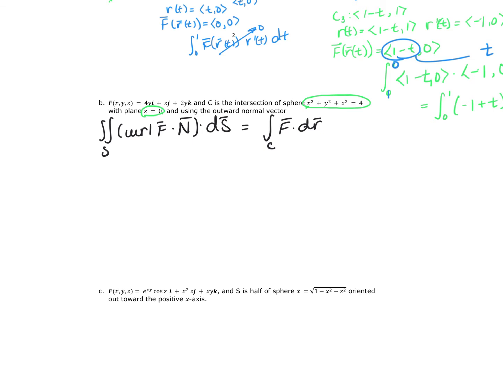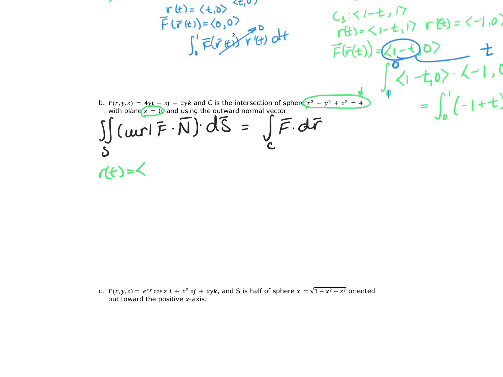So that means I'm working at the top part of my hemisphere. I have a hemisphere, basically. So a good choice for my r of t would be wherever I see x, I'm going to replace it with r cosine, so r is 2.